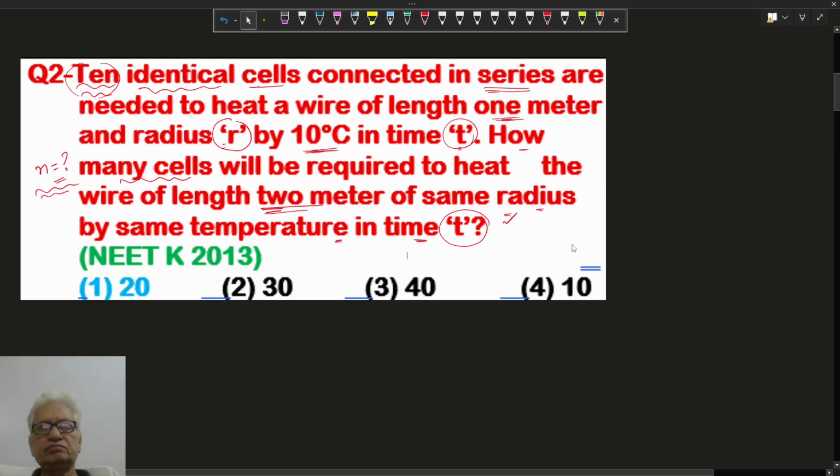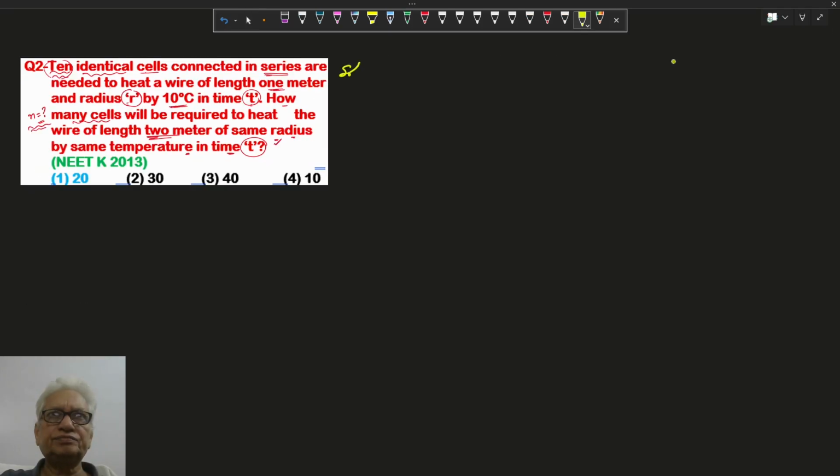It is a double length wire. In this question, let us say 10 cells, all identical, ignoring the internal resistance.